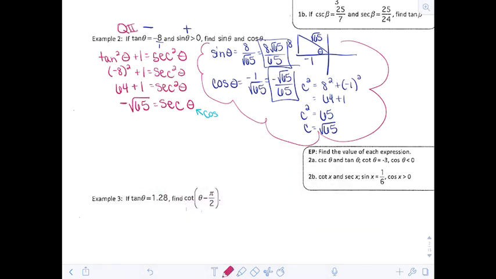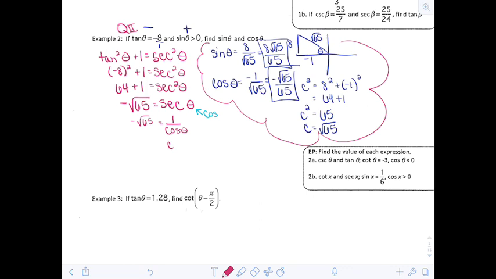So the secant of theta would be a negative root 65. Now I need to work my way towards sine and cosine. I know that secant is really 1 over the cosine, and so 1 over the cosine is negative root 65.